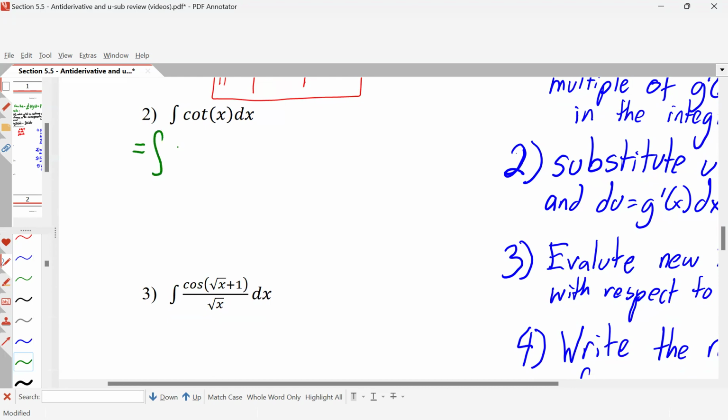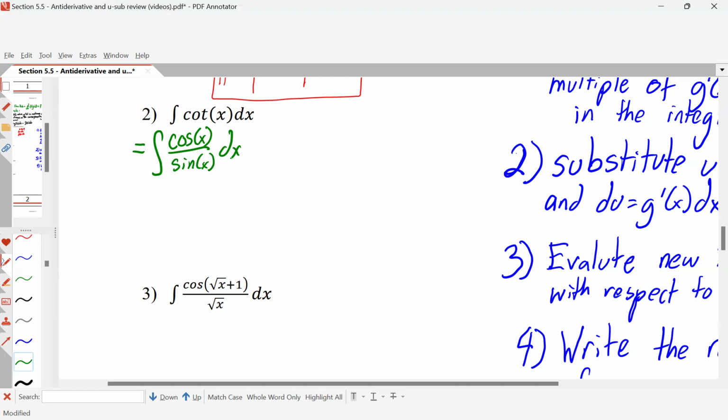Cotangent is also cosine over sine. And now we know the derivative of sine is cosine, and that the derivative of cosine is negative sine.